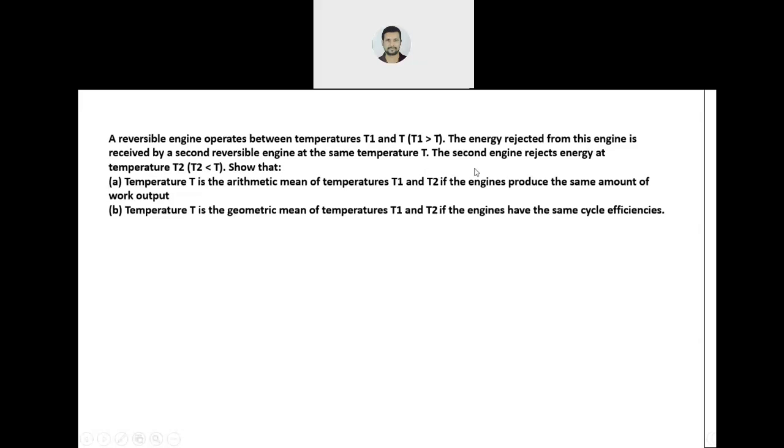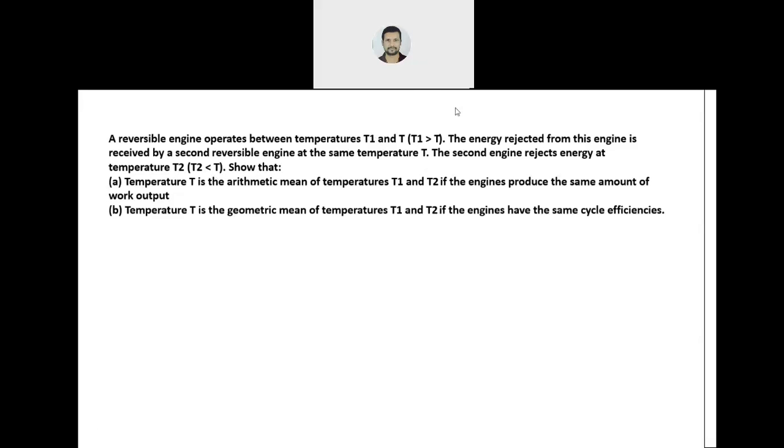The second engine rejects energy at temperature T2. Here T is greater than T2. So till now you have seen three temperatures: T1, T and T2.